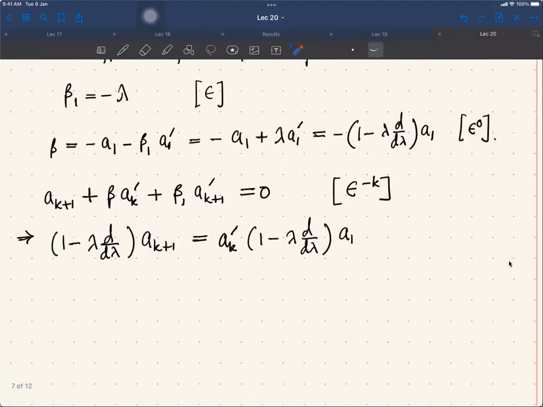So this is the expression for mu d lambda d mu, and A1 is a function of lambda, which is a lambda expansion, that gives you a first order differential equation for lambda, and solving that, one can find lambda as a function of mu, which is the running of lambda.